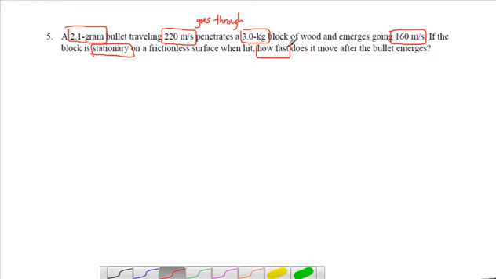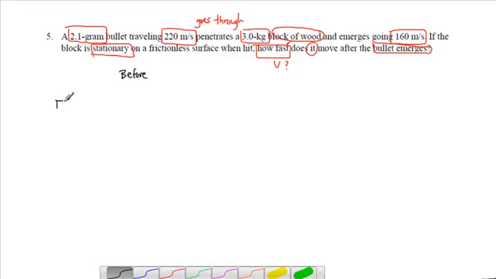So you're trying to find V: how fast does the block of wood go after the bullet emerges? Basically, before the collision you have two things.